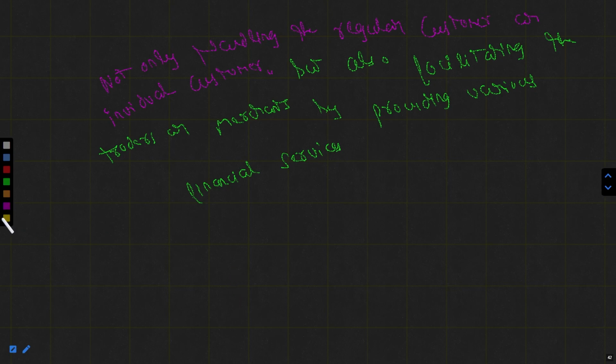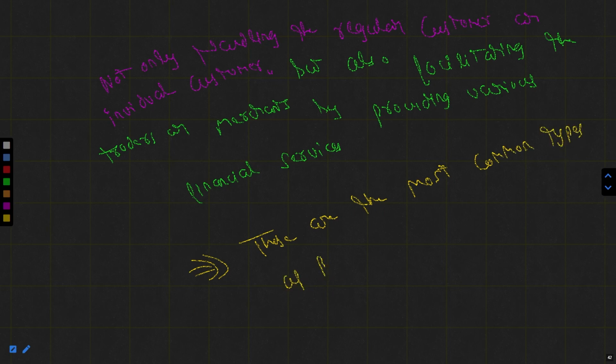Okay. And the second and foremost important point, which I have already provided you, these are the most common types of banks.